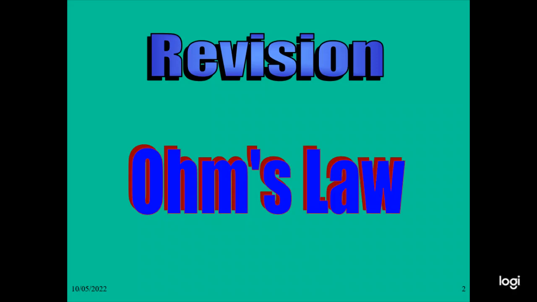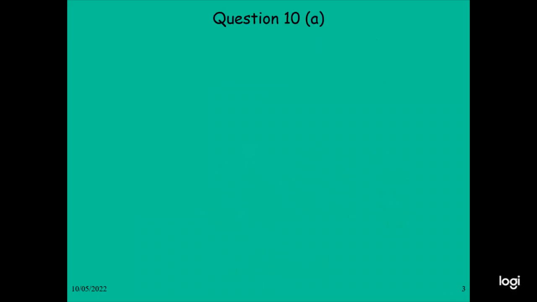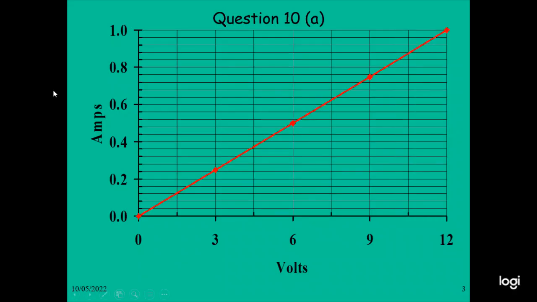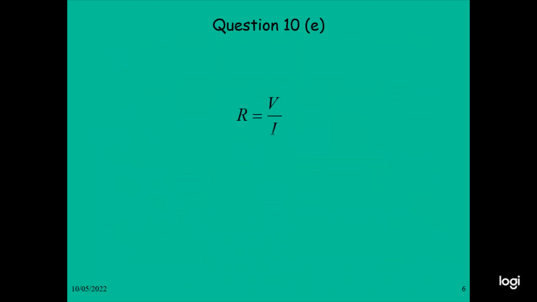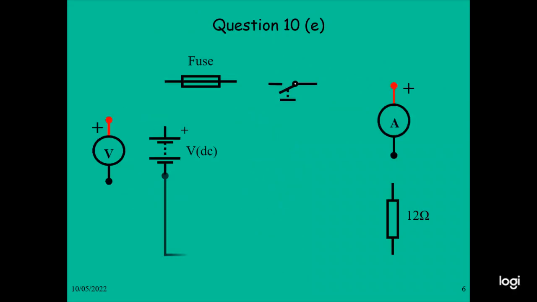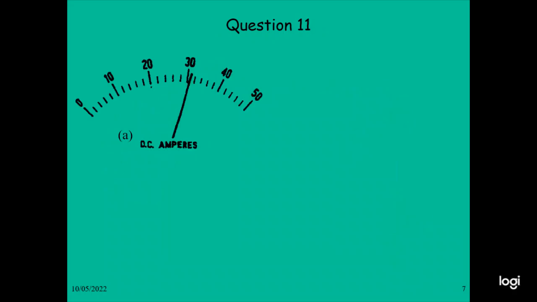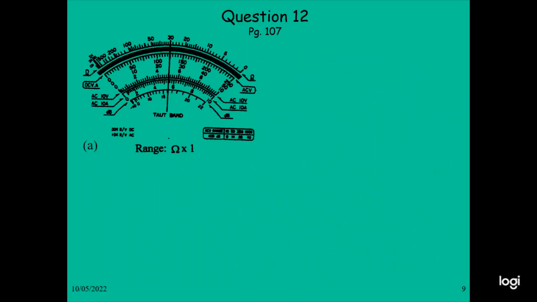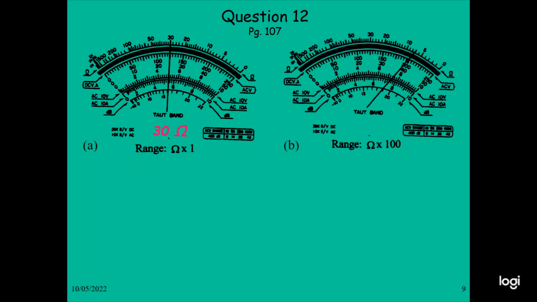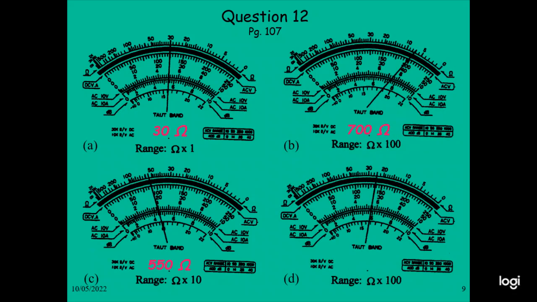Revision: we revise Ohm's law. When the voltage increases, current increases. So this is a connection of the electrical circuit diagram, the reading of the voltmeter and ammeter, and this is resistance measurement, reading of the meter.